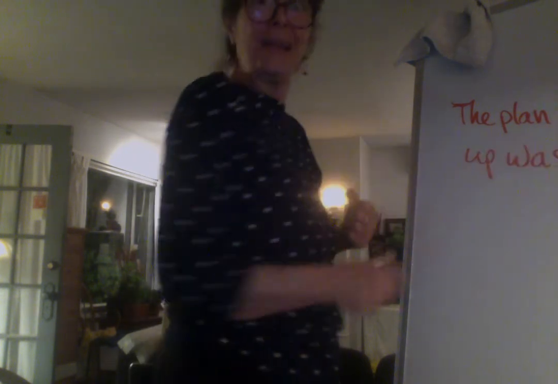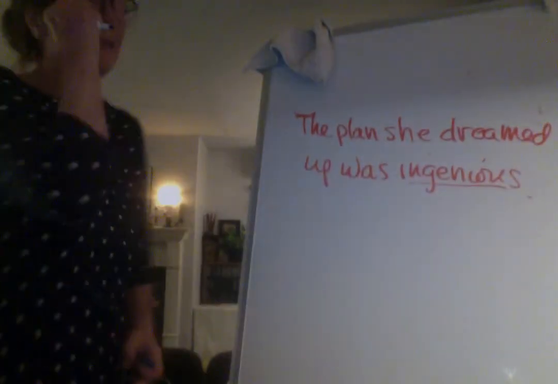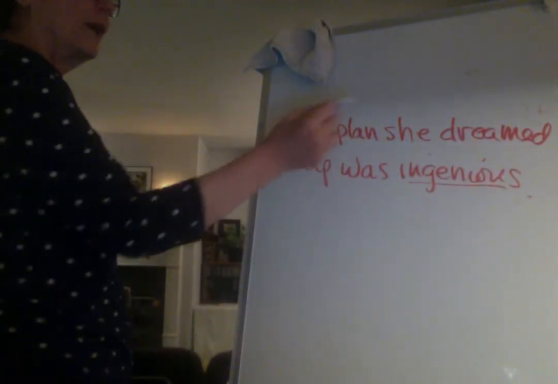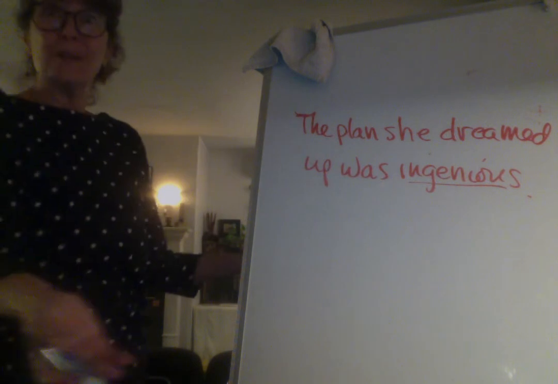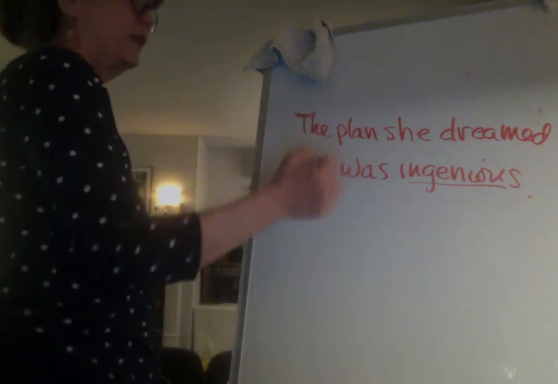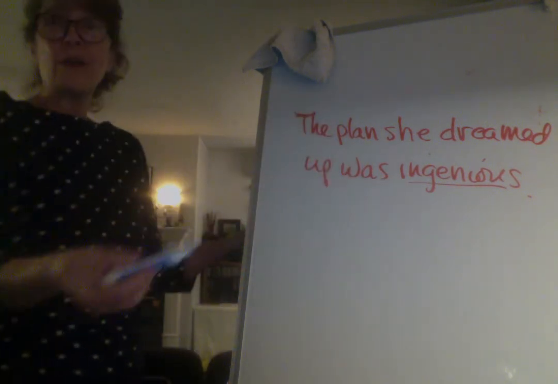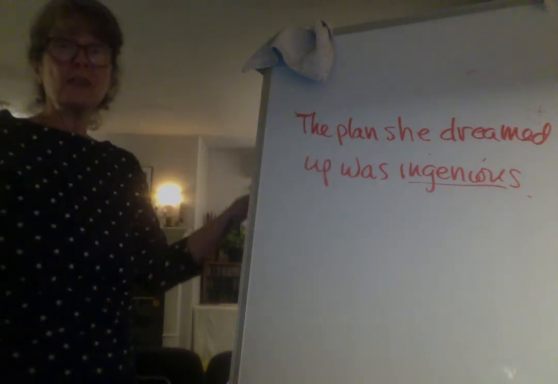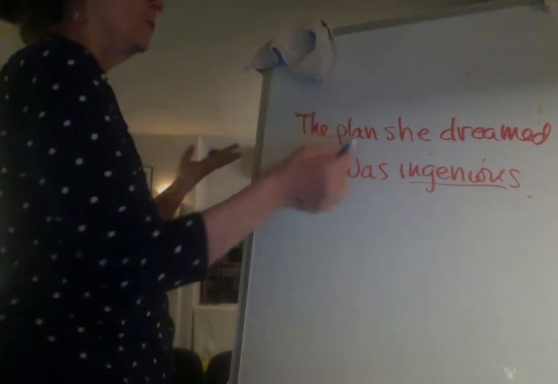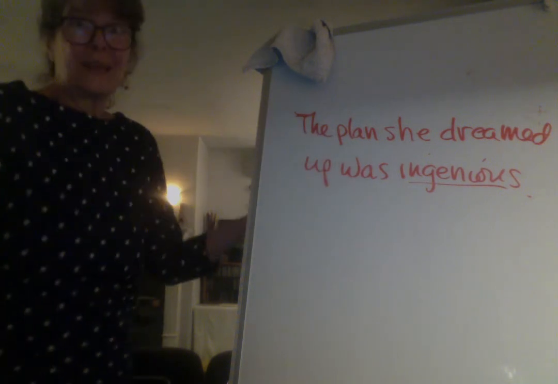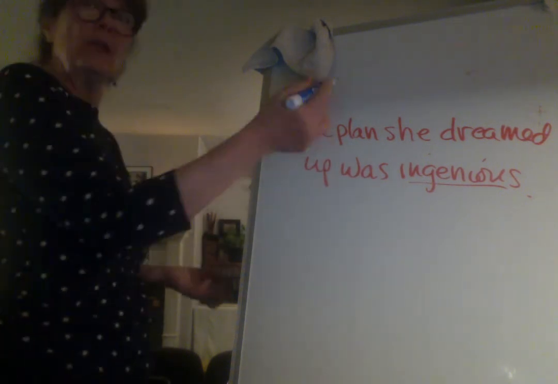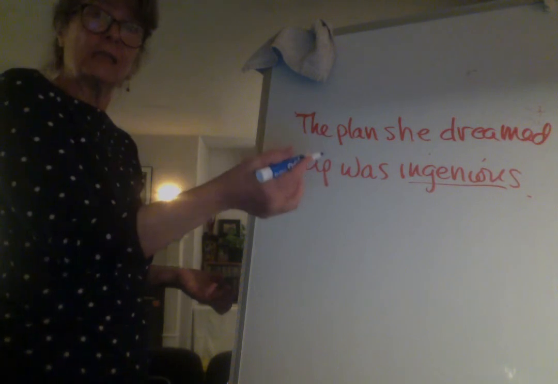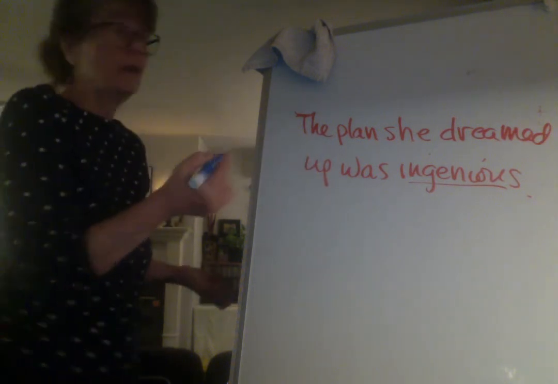It could mean the plan she dreamed up was ridiculous, or not useful, or fantastic, or anything. It could mean anything because we don't have any clues in that sentence.